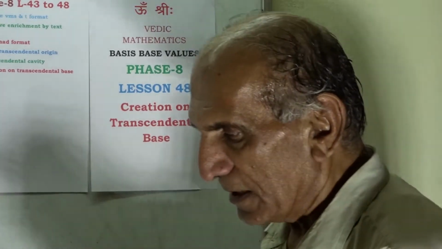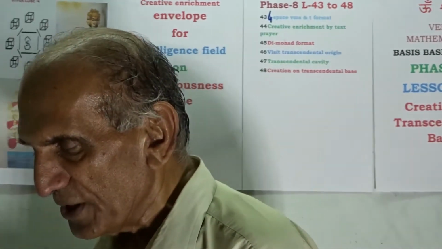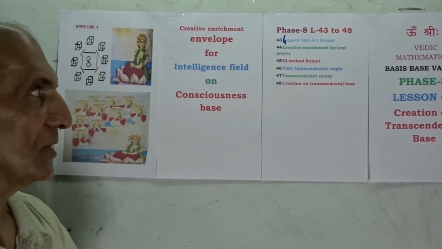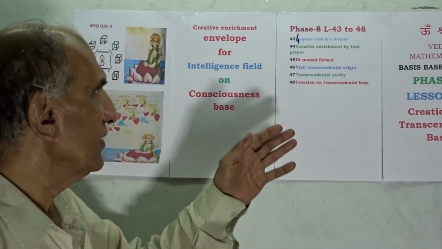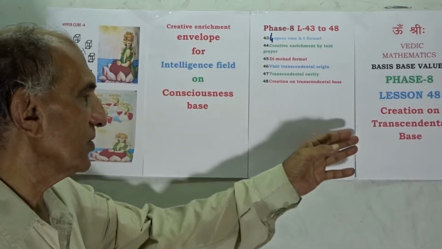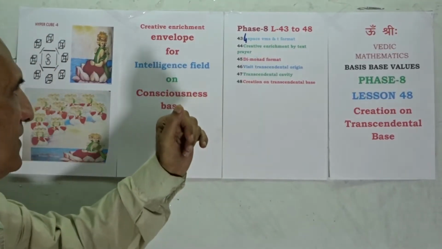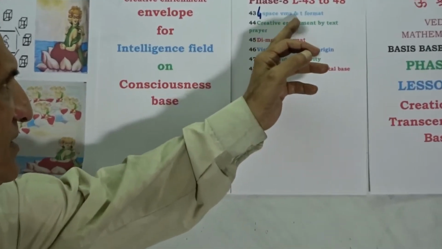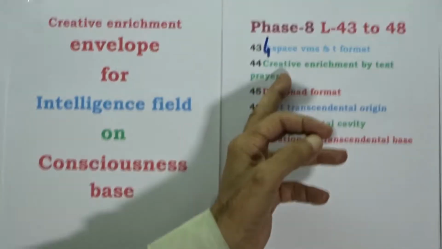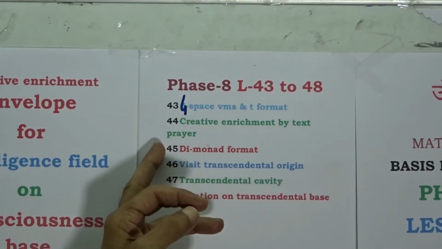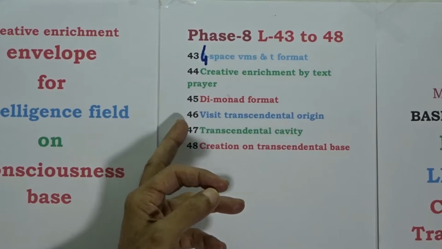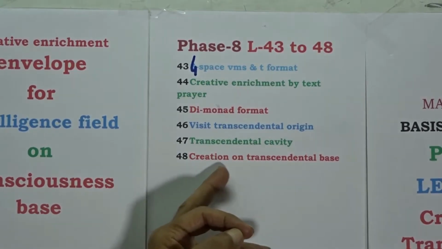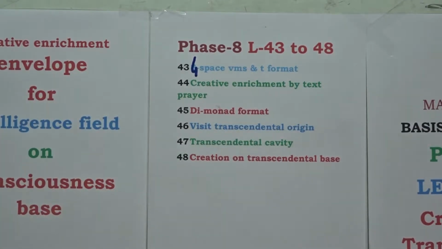Let us avail this opportunity to recapture what we have learned during this phase in the 6 lessons, including today's lesson. These lessons focus upon 4-space VMST format, creative enrichment by text prayer, diamond format, transcendental origin, transcendental cavity, and creation on transcendental base.